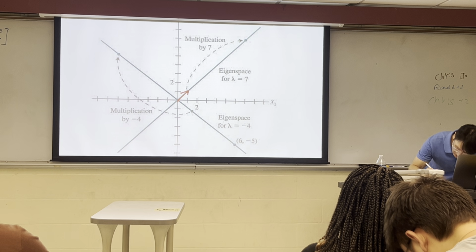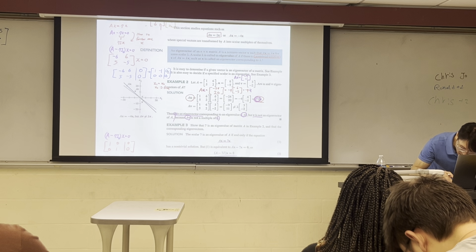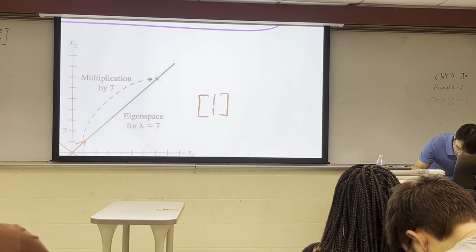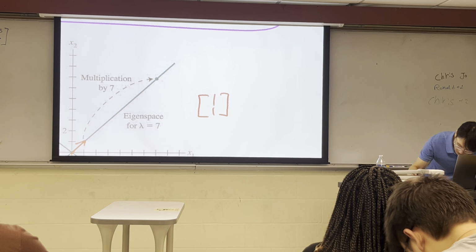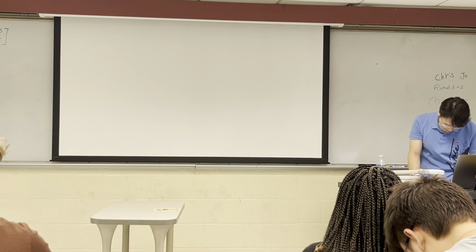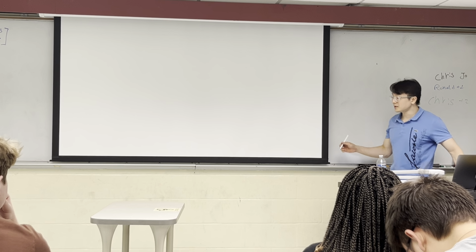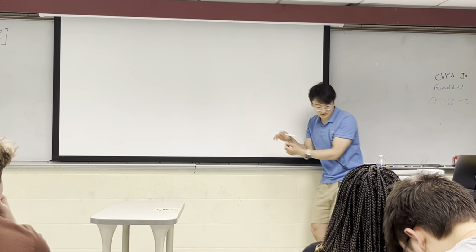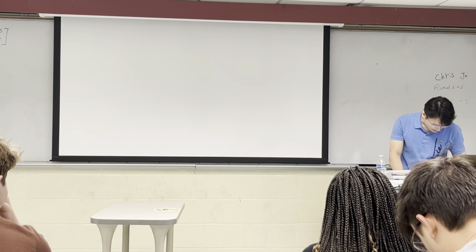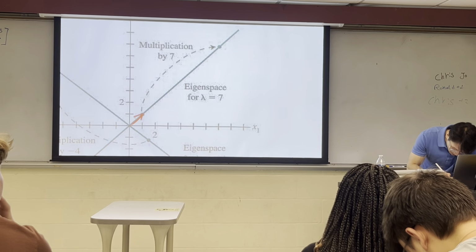So let's say I start with (1, 1), and multiply by matrix A. If I pick a vector along the line and multiply it, I need a visual. Again, I pick the vector (1, 1).